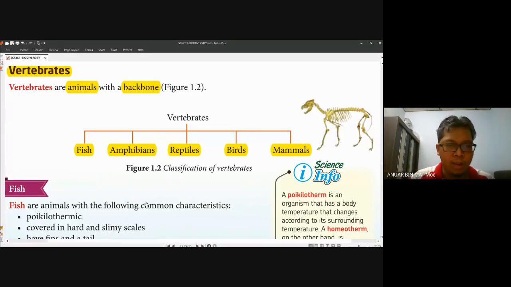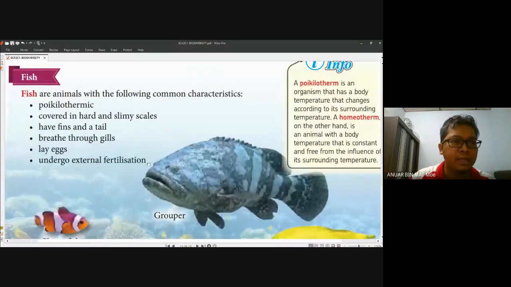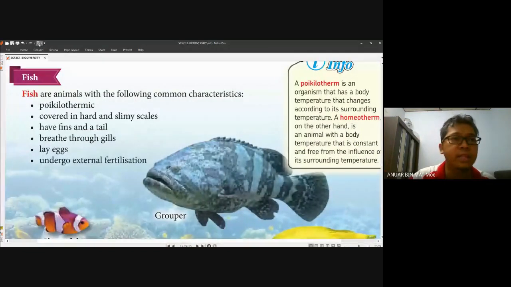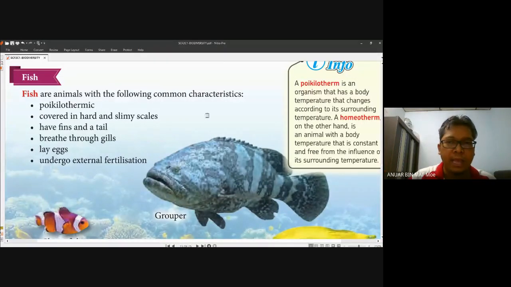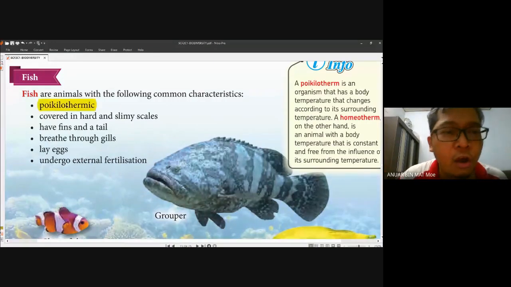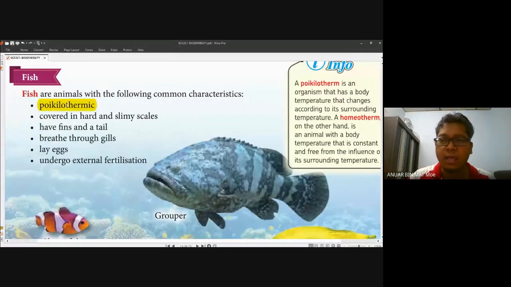So we go one by one. The first category of vertebrates is the fish. You need to identify and understand the characteristics of fish. Number 1, the first characteristic of fish is that it is poikilothermic. What is poikilothermic?